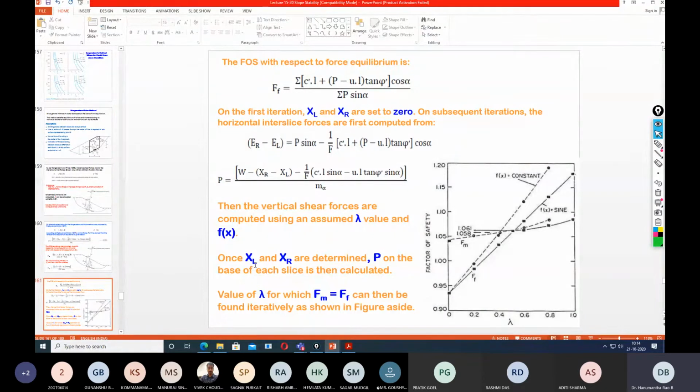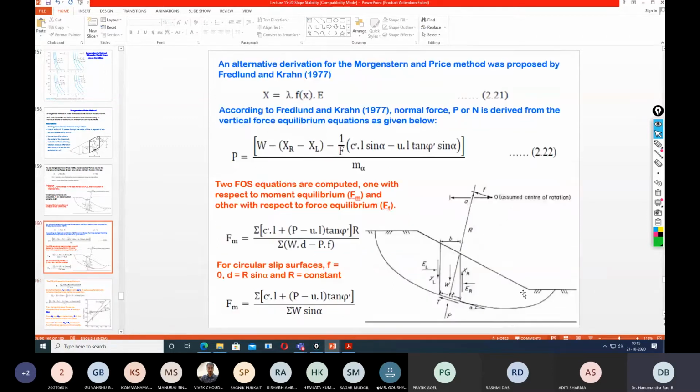Once XL and XR are determined, P on the base of each slice is then calculated. Determine the normal force, that is P. Here don't get confused again, the normal force is this P.